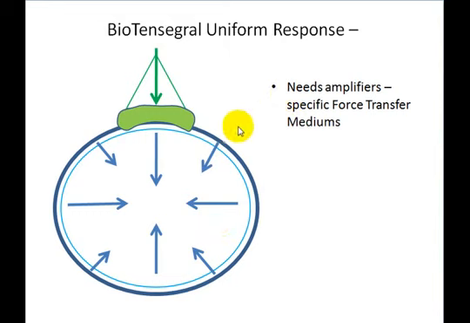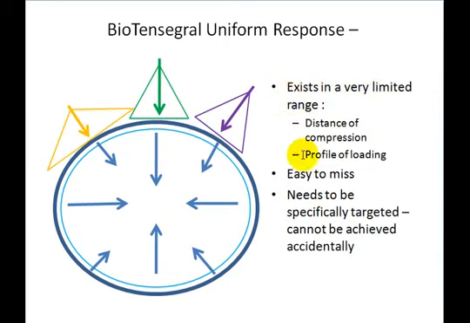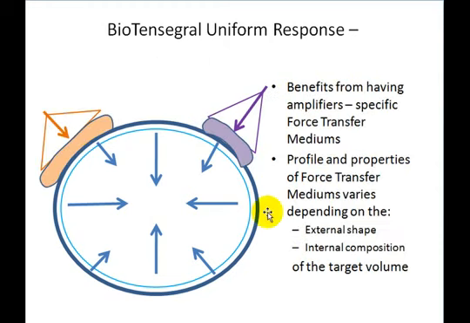It benefits from the presence of the amplifiers, because that allows us to deal with matching the profile of loading and helps us to get a more accurate or somewhat expanded range of the force transfer mediums and expanded range of the availability of the bite-integral response.